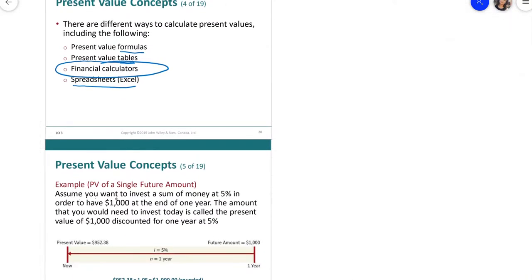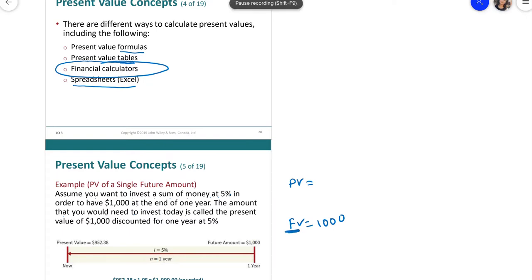Now, assume you want to invest a sum of money at 5%, in order to have $1,000 at the end of 1 year. The amount you will need to invest today is called the present value. So we want to know how much to invest today to receive $1,000 in the future. FV stands for future value.